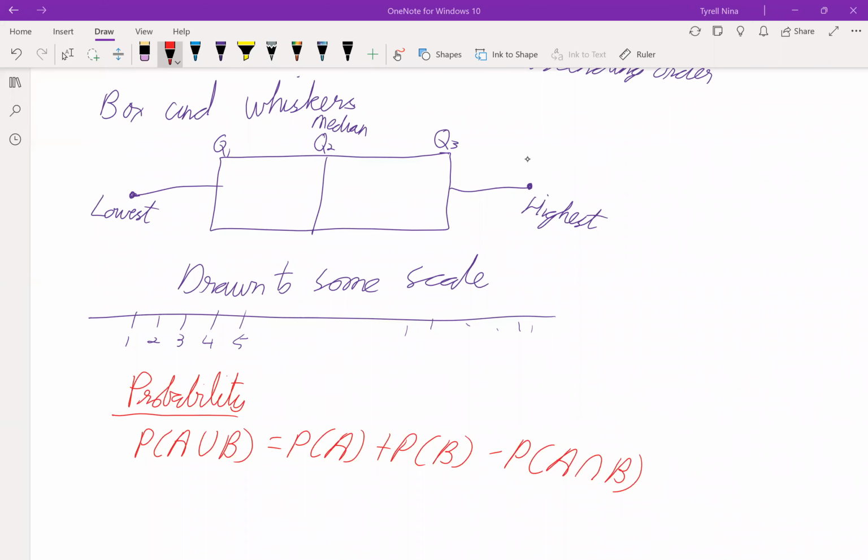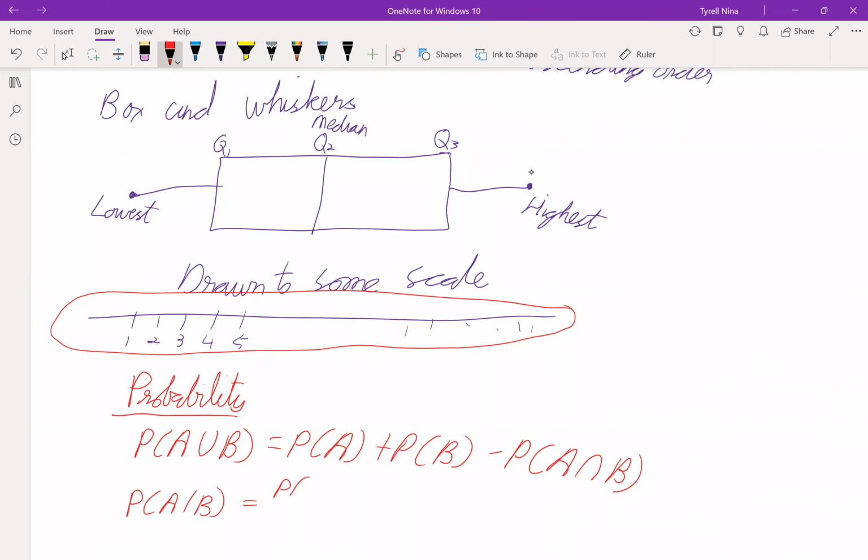This scale here goes on the bottom of the box and whiskers, so you kind of put it there. Probability A union B is A plus B minus A intersect B. Probability of A given B is the probability of A intersect B over the probability of B. We try to let these two letters be the same.